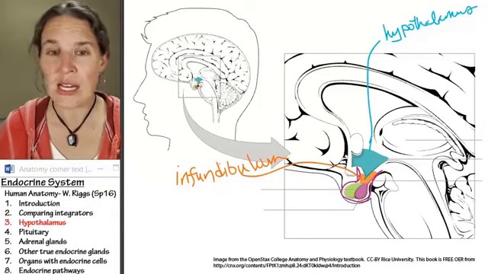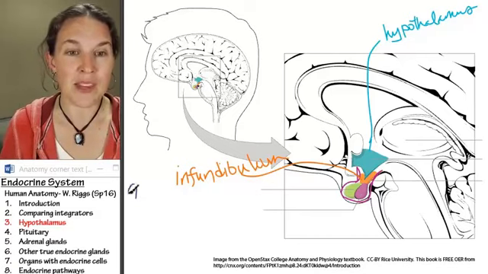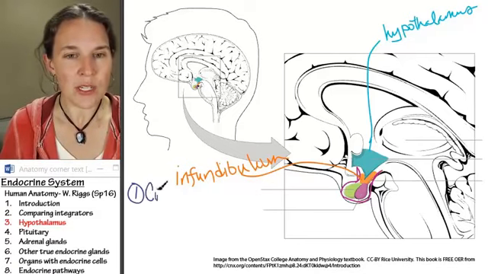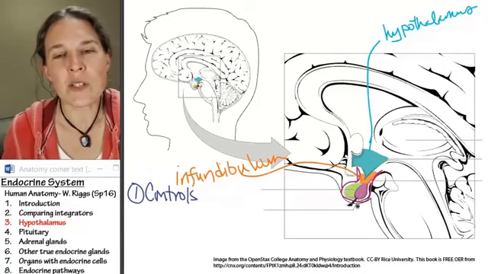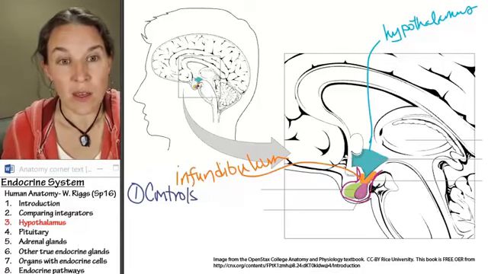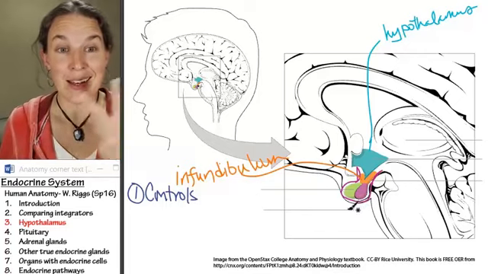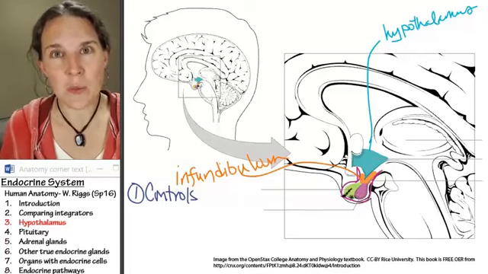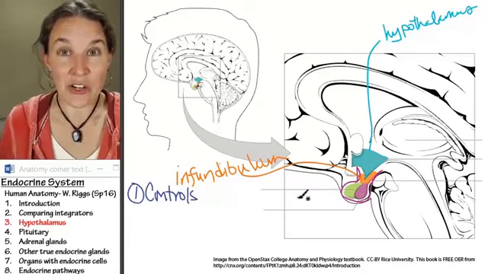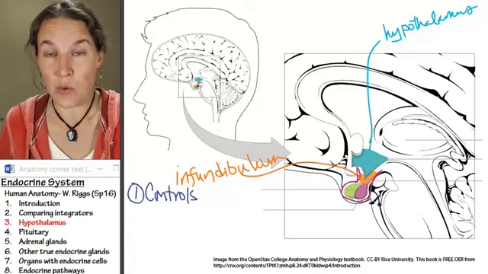First of all, the hypothalamus controls the pituitary gland. And what do you notice about my pituitary gland? It's color-coded, and there are two colors. That's because the pituitary gland has an anterior portion and a posterior portion.